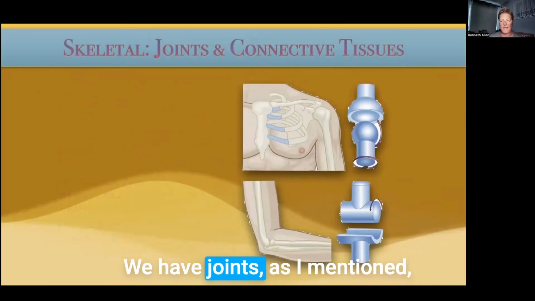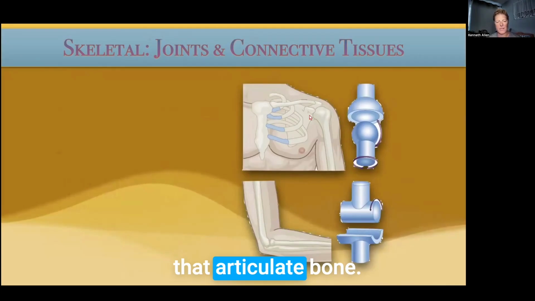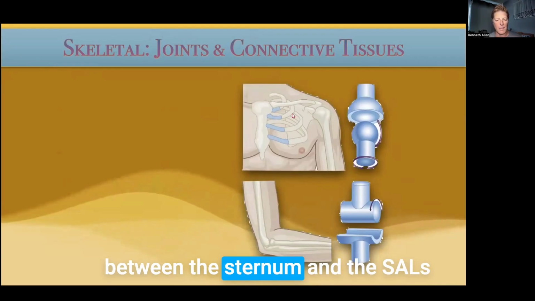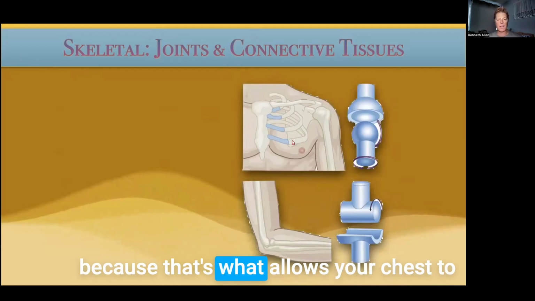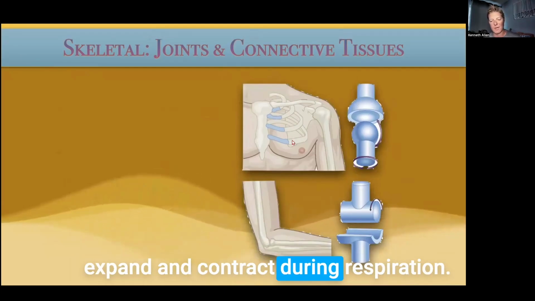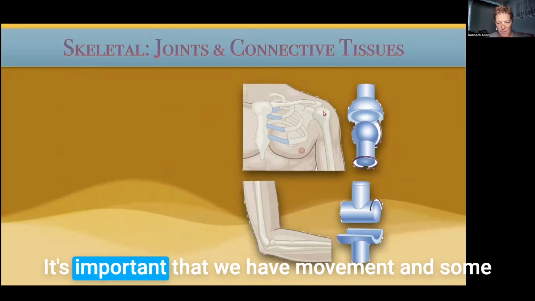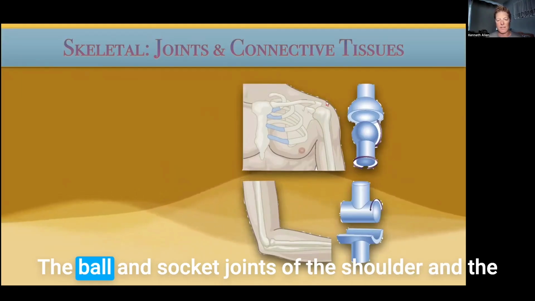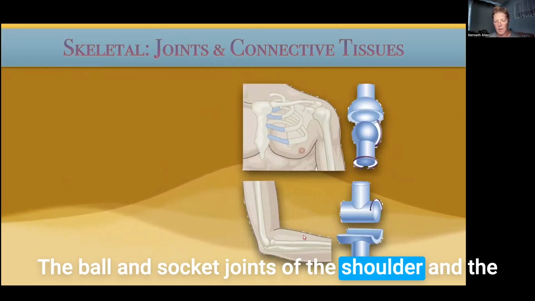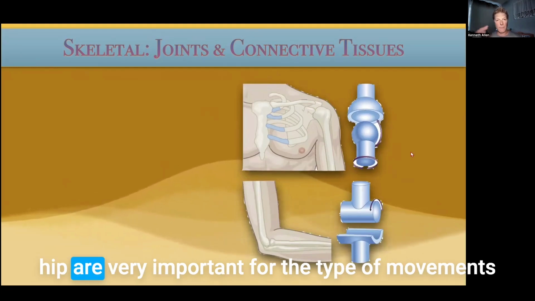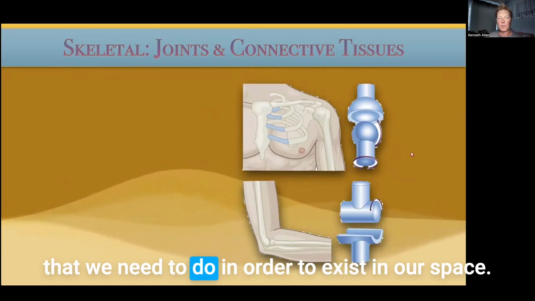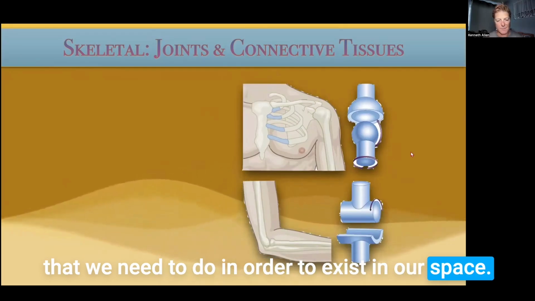We have joints, as I mentioned, that articulate bone. It's very important that we have joints between the sternum and the costals, because that's what allows your chest to expand and contract during respiration. It's important that we have movement in some joints where we need a lot of articulation. The ball and socket joints of the shoulder and the hip are very important for the type of movements that we need to do in order to exist in our space.